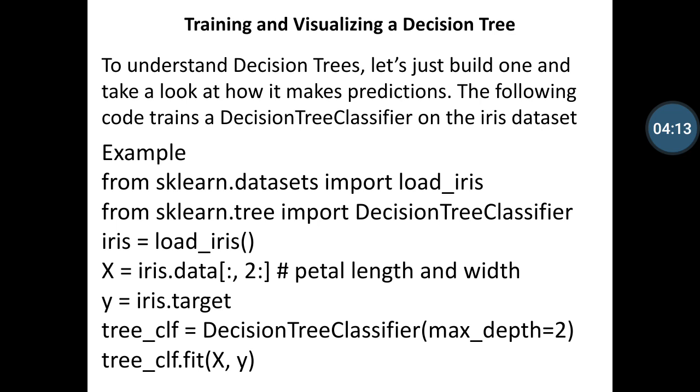Then I am defining a variable iris equal to load_iris(). So here iris is a variable and it holds the complete data of the iris dataset. Then I define the X variable equal to iris.data, using the slicing method [:, 2:] for the petal length and width, which is stored in the X variable.